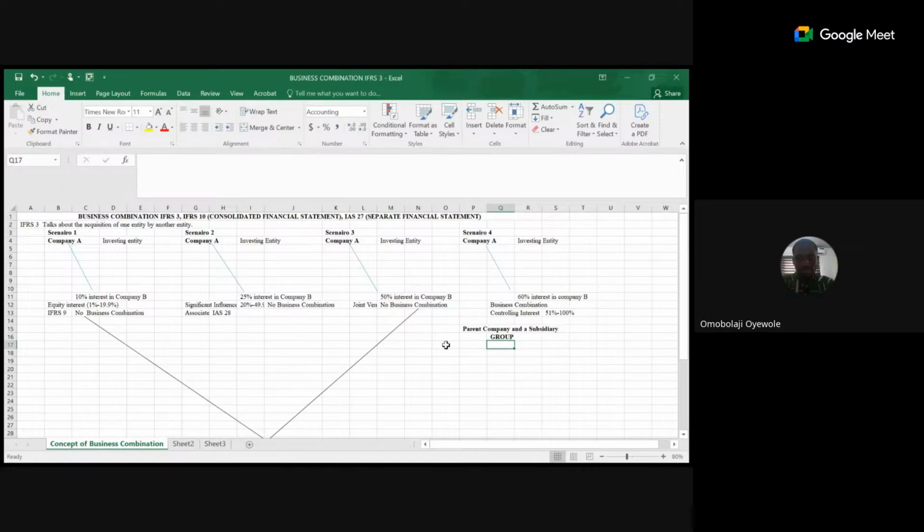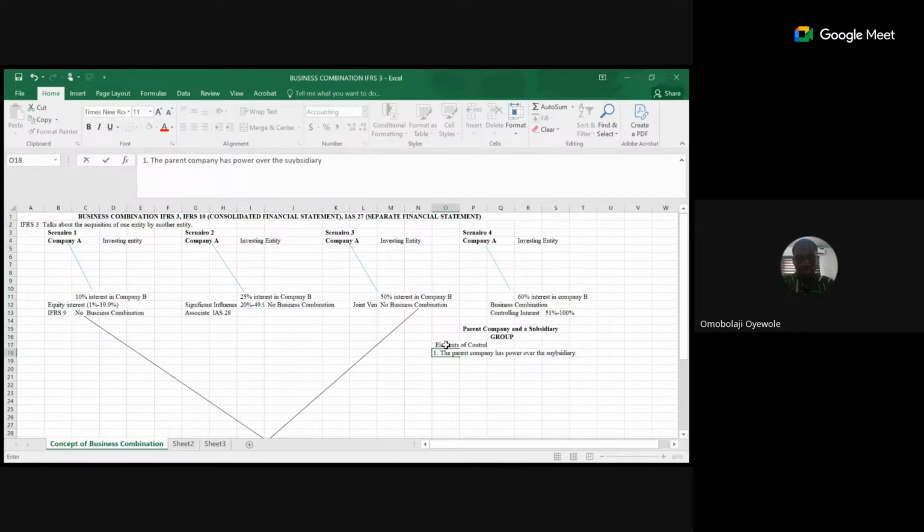So, what are the elements of control? So how do I know control exists? Number one element of control is that the parent company has power over the subsidiary.